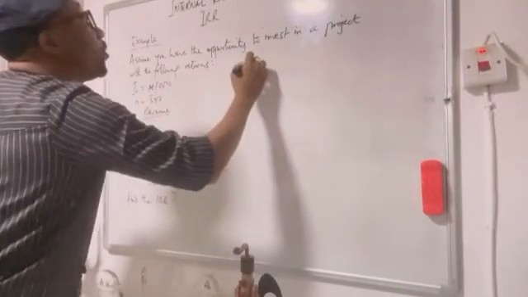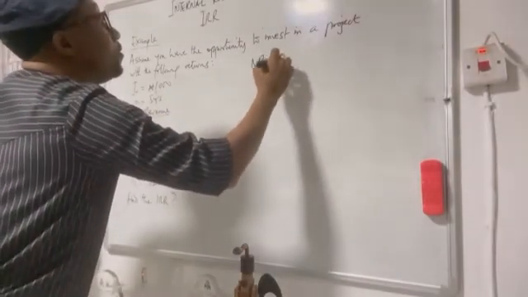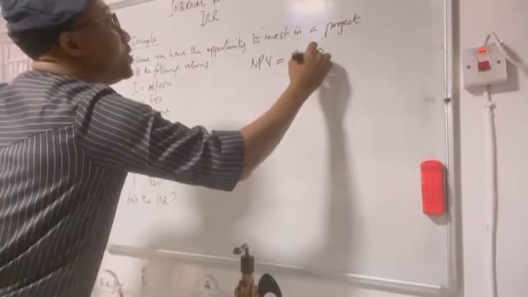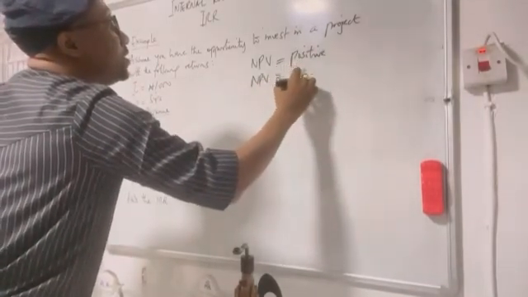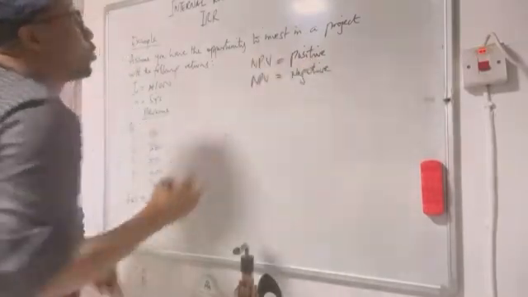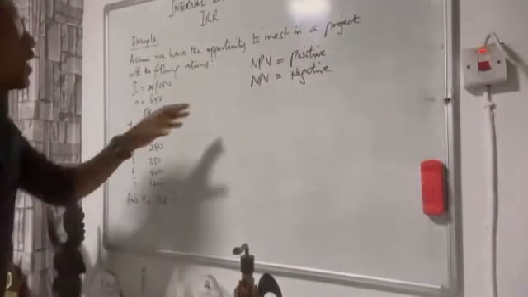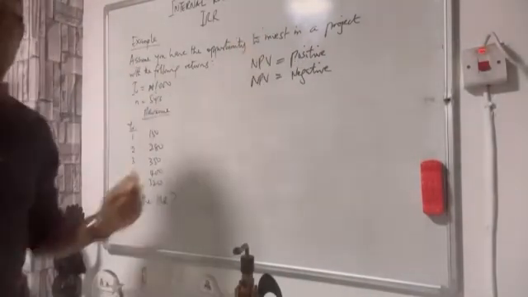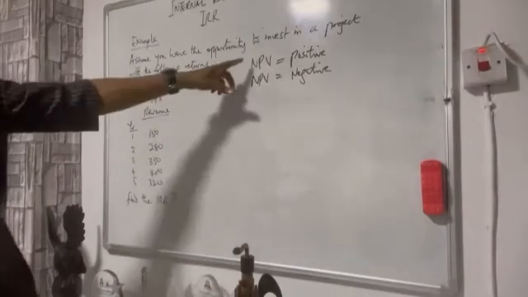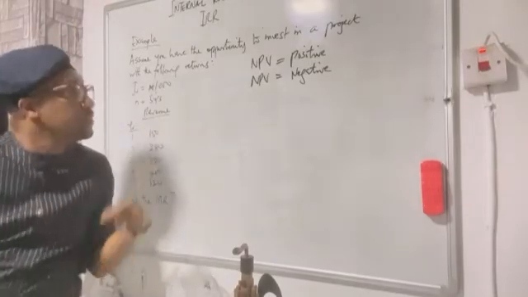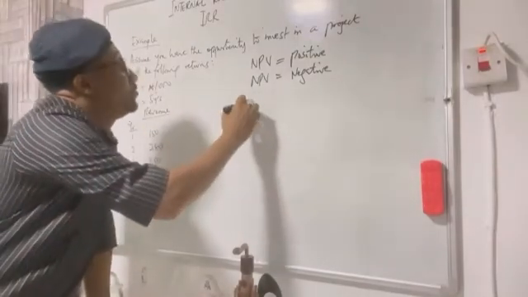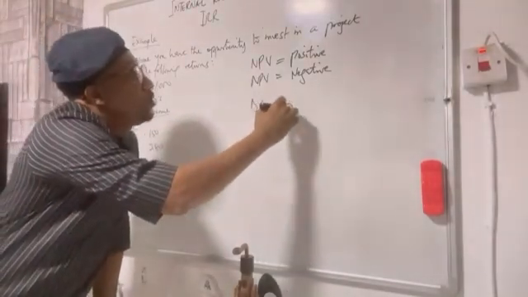One must be positive, and the other one must be negative. But to calculate the NPV, we have seen from this question that the discount factor is not given. The discount factor is unknown.